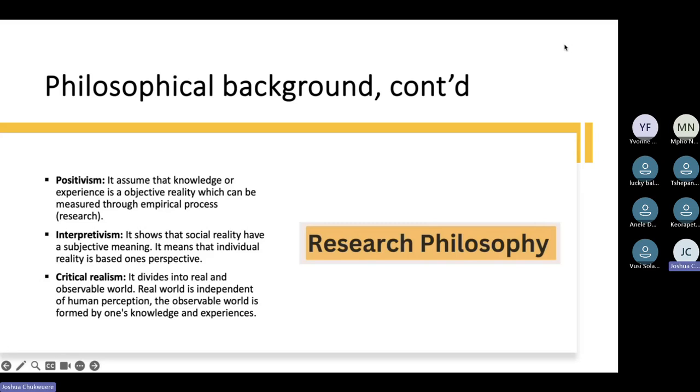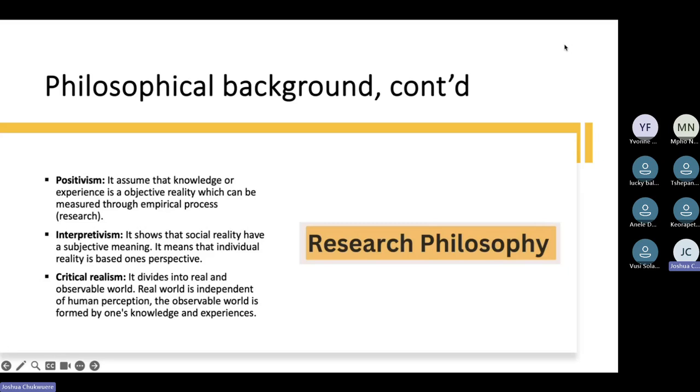Now, under critical realism, it involves two parts: what is real and what is observable. Your real world is independent of human perception, while your observable world is formed by people's own experience and everything.